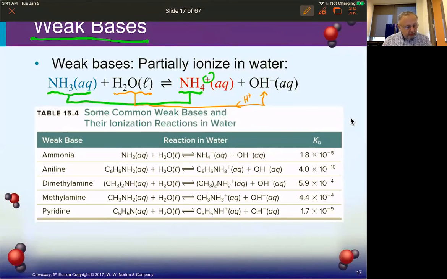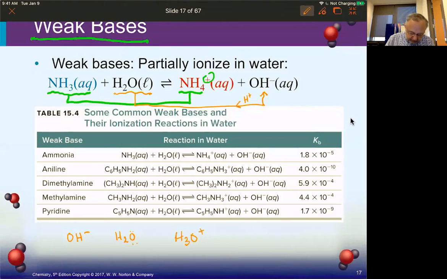So for H2O, we have OH minus, which is the conjugate base of H2O. The conjugate base of H2O is OH minus. The conjugate acid of OH minus is H2O. But H2O can also be the base because it can accept a proton, since it has lone pairs, and form the hydronium ion.